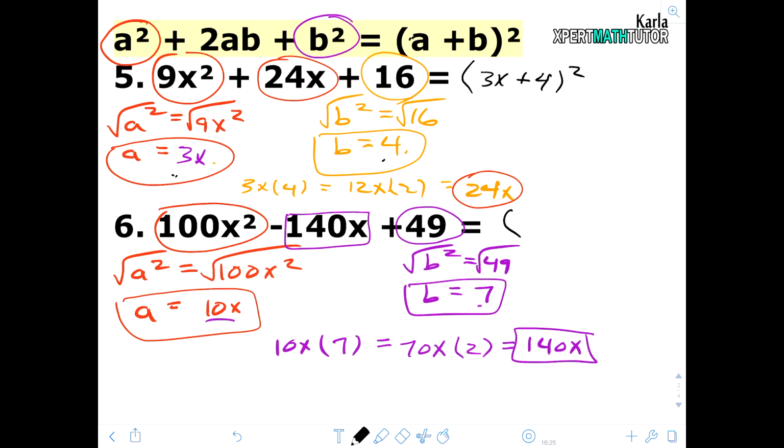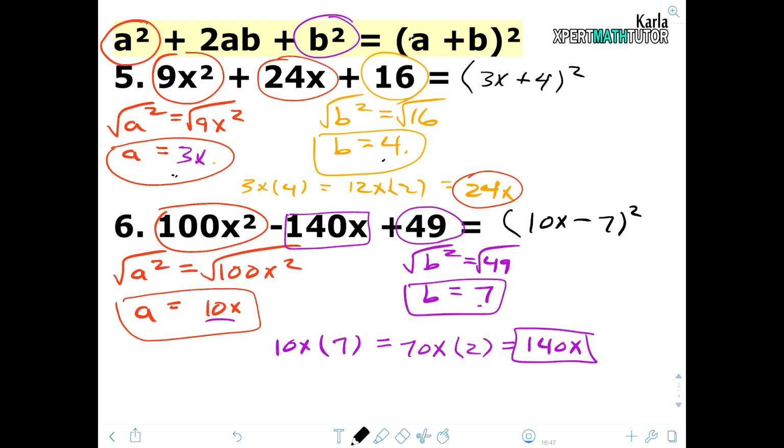So let's plug in a and b, and we'll be done. So 100x squared minus 140x plus 49 is equal to 10x minus 7, the quantity squared.